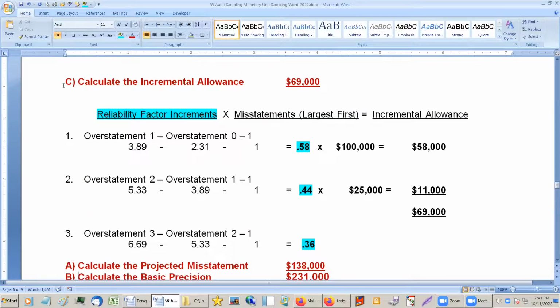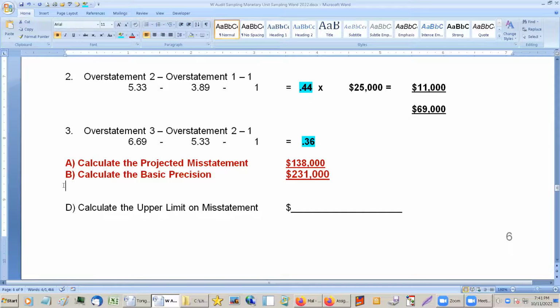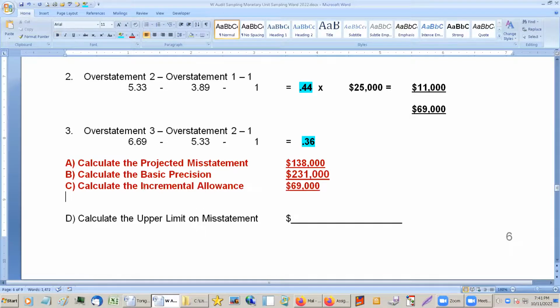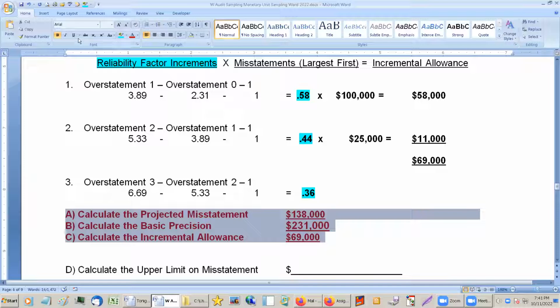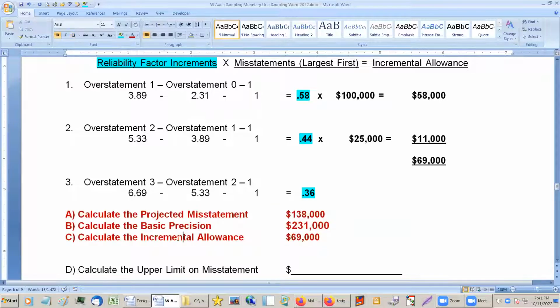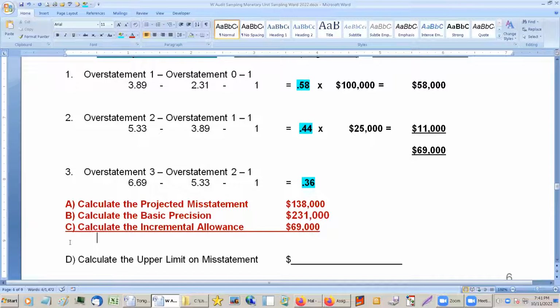And let's go to C. We add all of these up. Okay, and this will give us our upper limit, in other words, what we think that it could be off by.